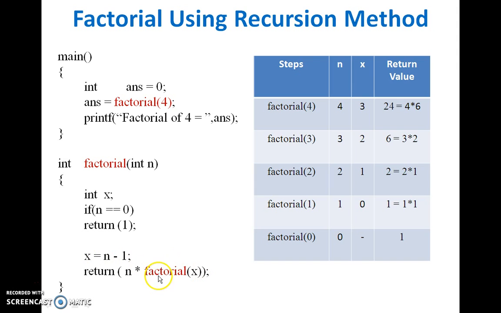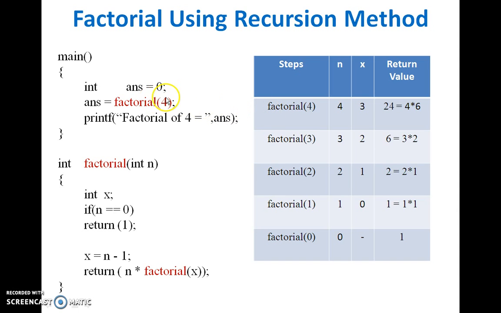So this is the recursive call, which represents the recursive case, and this is the base case. In the recursive case, a recursive call for the factorial function is done by passing the n minus 1 value. Once n's value becomes 0, it returns 1, and the main function call for factorial 4 is done here. The value is returned and displayed.